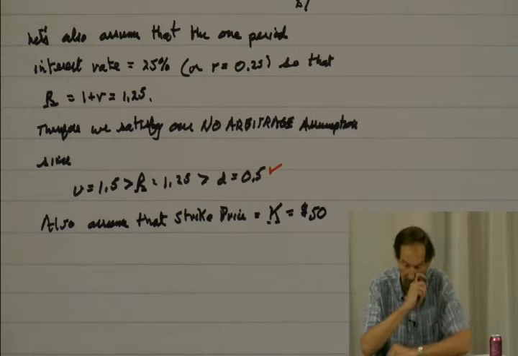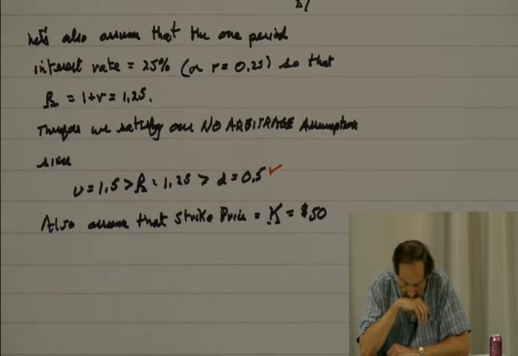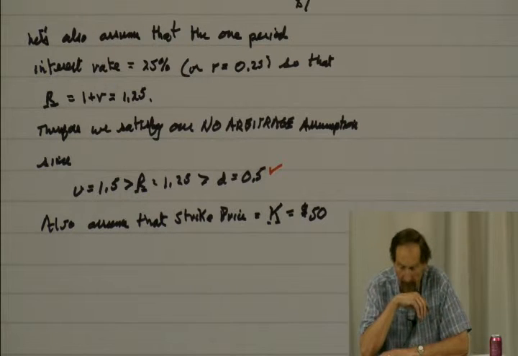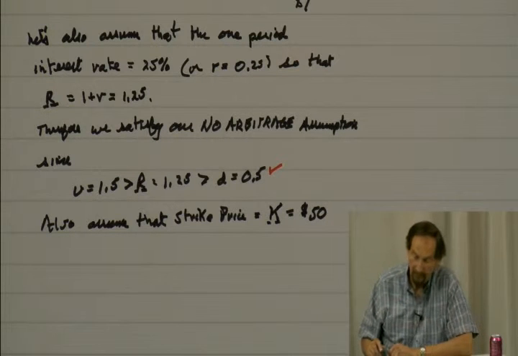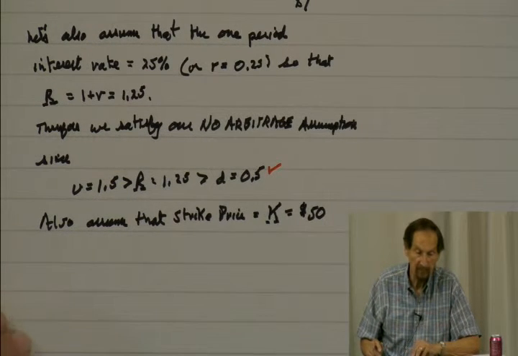Okay? So we're at the money call option here. Therefore, with these data, we have the following.